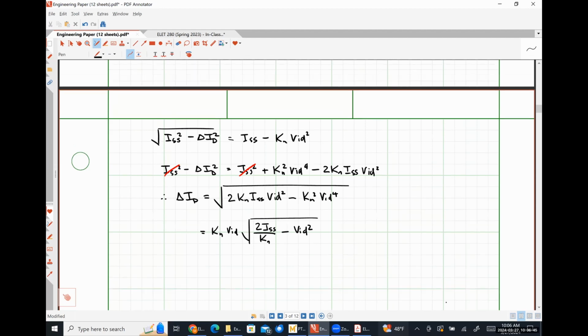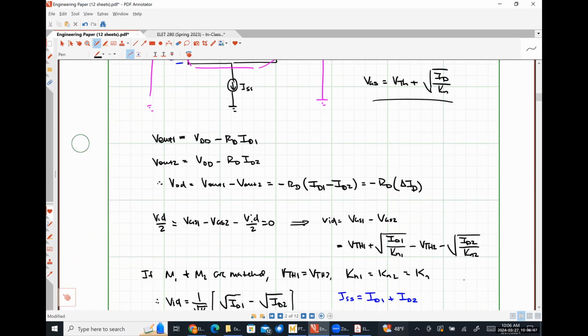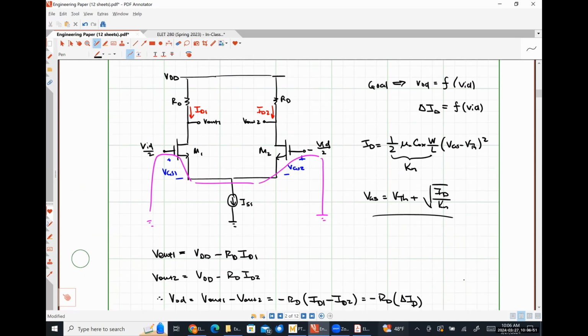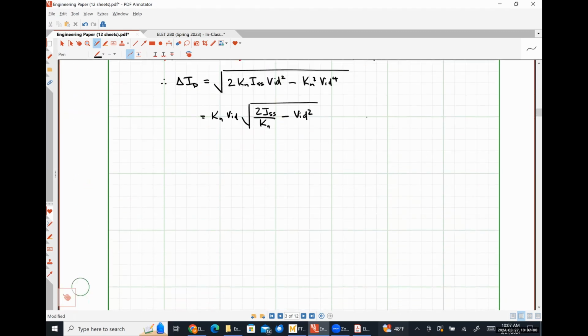Replacing, let me go back here to see exactly what I called. Okay, so here I called K_n 1/2 mu_n C_ox W over L. So I'm going to back substitute that in here.